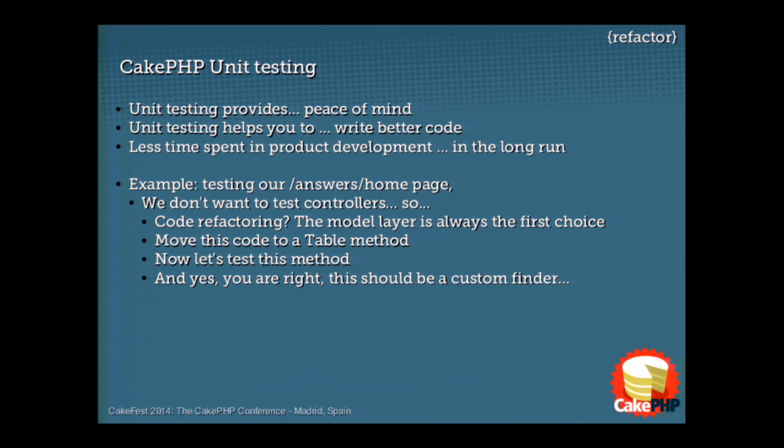So yeah, the third point here is unit testing actually is spending less time in the product development in the long run. Keep in mind that when we develop an application, there is a maintenance, there are bugs, there is a full life cycle there.